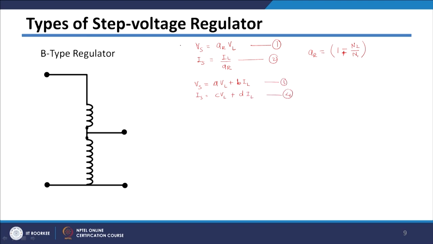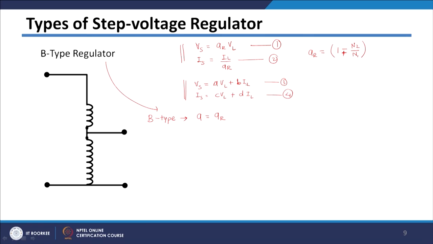And if you compare these equations with respect to this equation, I can say your A will be equal to AR for B type of regulator. All these things that we have derived are for B type of regulator.